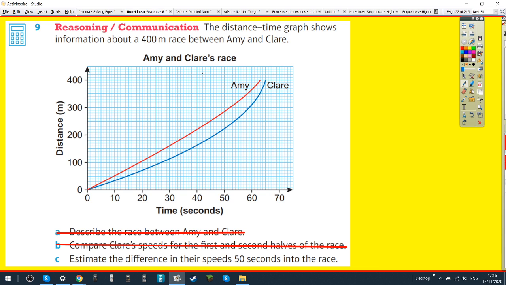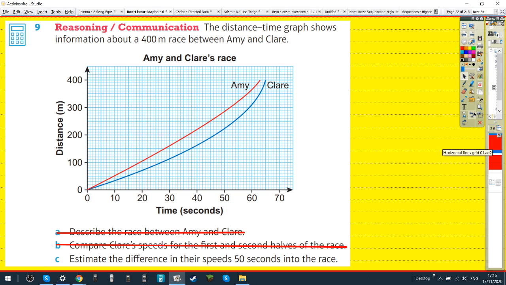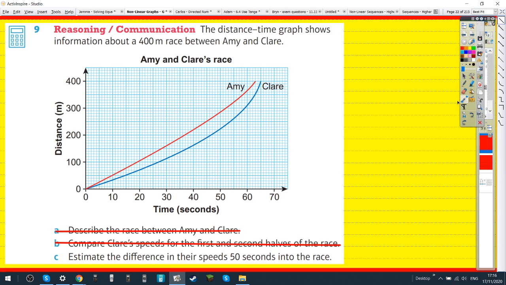Okay, how would we do C? That's not the difference in the speed. 50 seconds since. So you have to do the rise and the run here as well. So for Claire, 50.